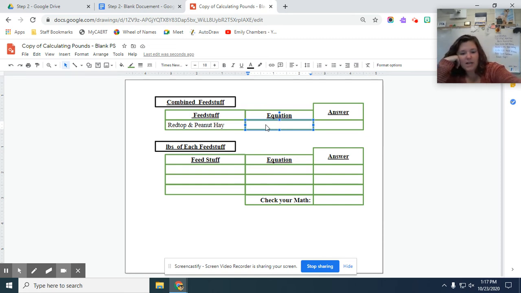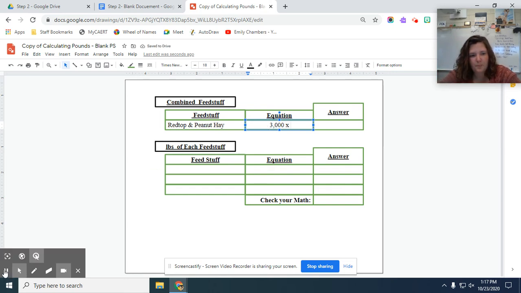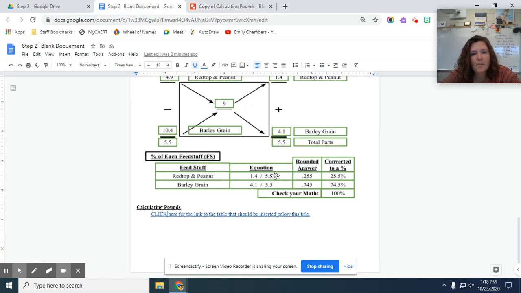In order to do this, you take that 3,000 pounds like we would normally do, and you're going to take it times the percentage in decimal form of our red top and peanut hay together, okay?